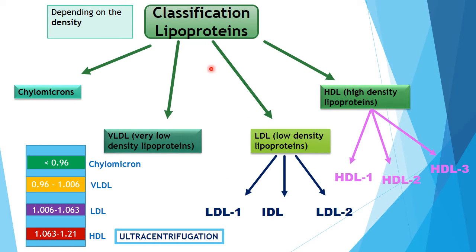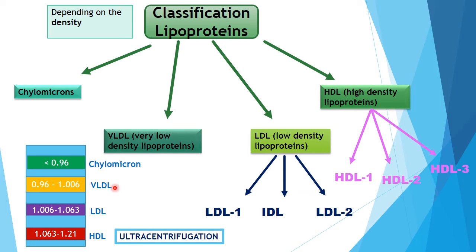Now depending on density, lipoproteins are classified into four: with highest density HDL, then low density LDL, then very low density VLDL, and the chylomicron. Chylomicron has density less than 0.96, measured in Swedberg units, S. Then 0.96 to 1.006 is VLDL, then it increases to 1.063, that is LDL, and finally 1.2 is HDL.